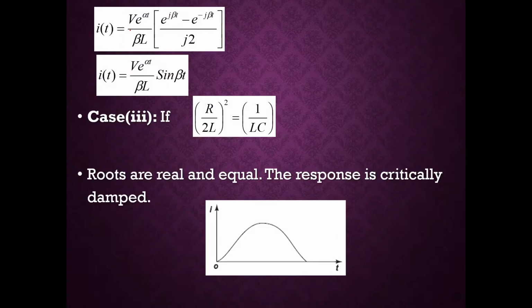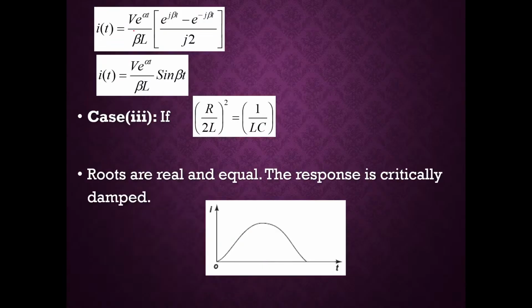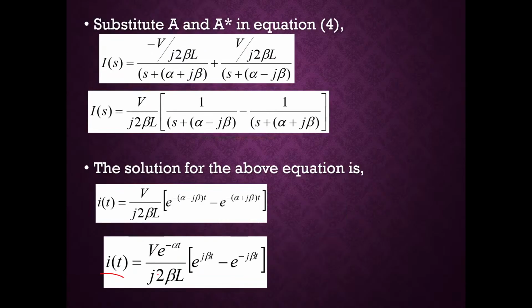Here I have further simplified. So see here, what did I do? I have j there, and 1 by j, j squared is minus 1, isn't it?